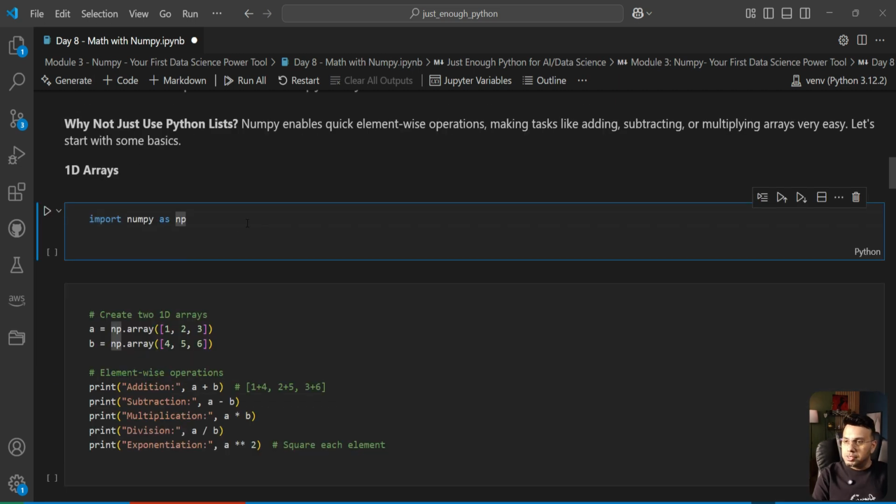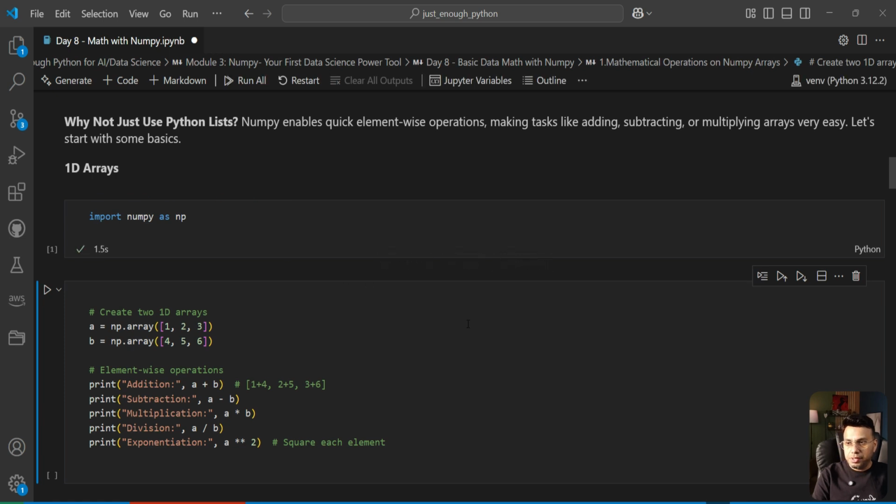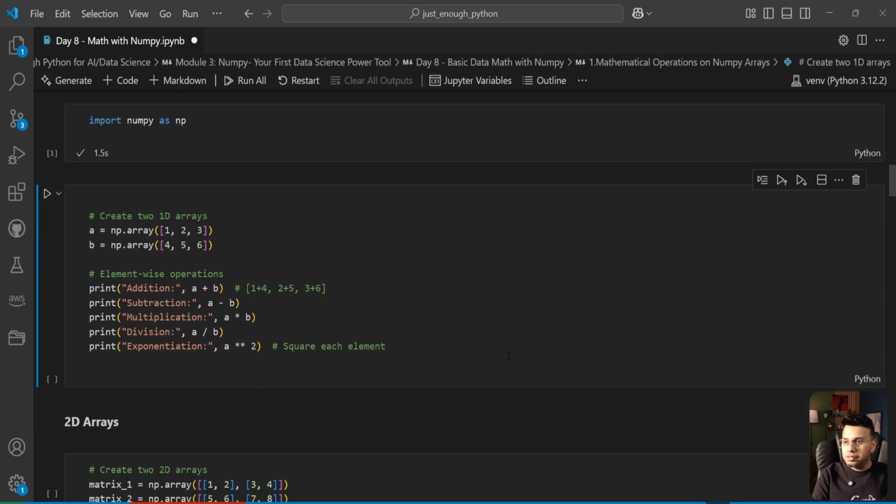So let's first import NumPy as np, and then we are creating two one-dimensional arrays. A is 1, 2 and 3, and then B is 4, 5 and 6. And then we are doing element-wise operations.